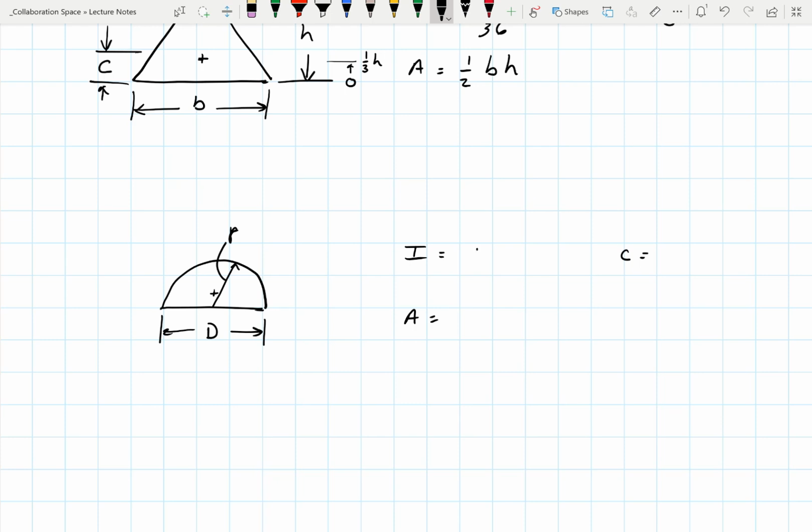I is pi times R to the 4th over 8. Area is pi R squared over 2.